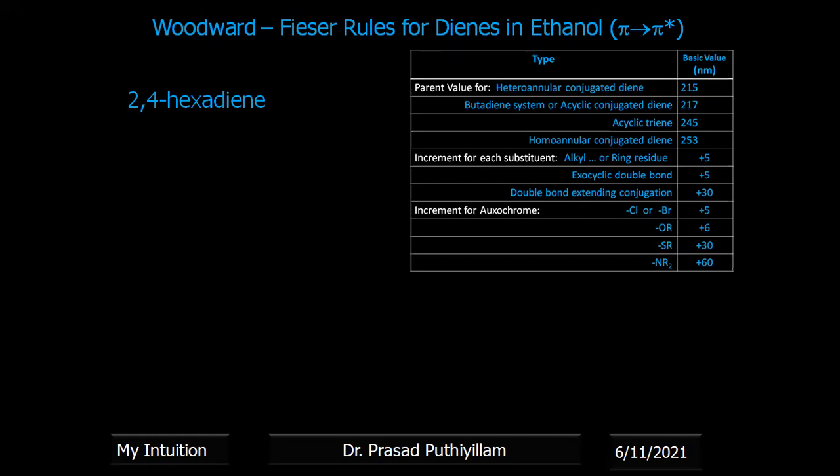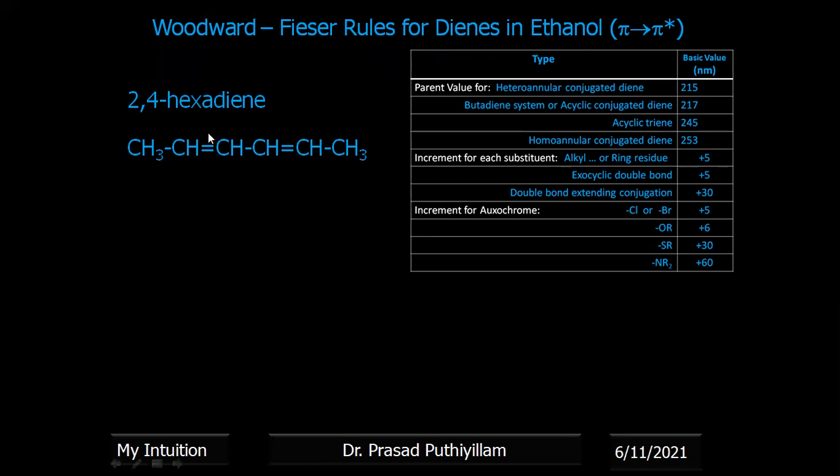So we'll take one example. 2,4-hexadiene: position 2 and position 4 have double bonds in a 6-membered straight chain hydrocarbon, that is CH3, CH double bond CH, single bond CH, double bond CH, single bond CH3.